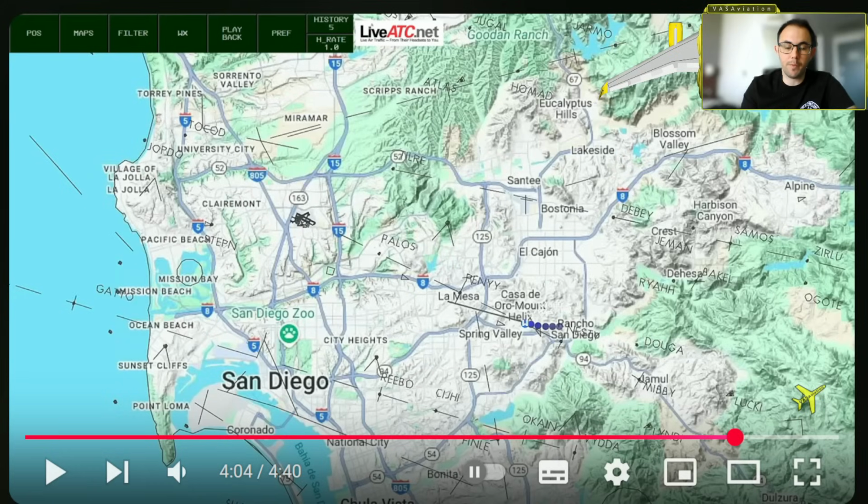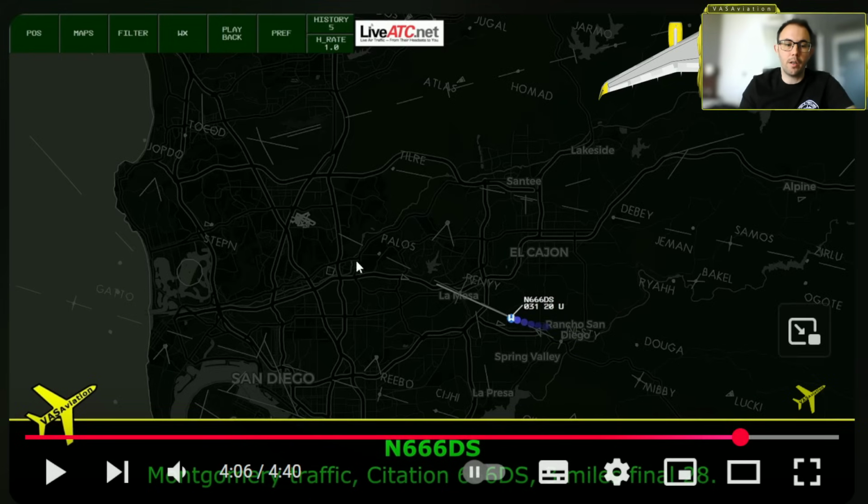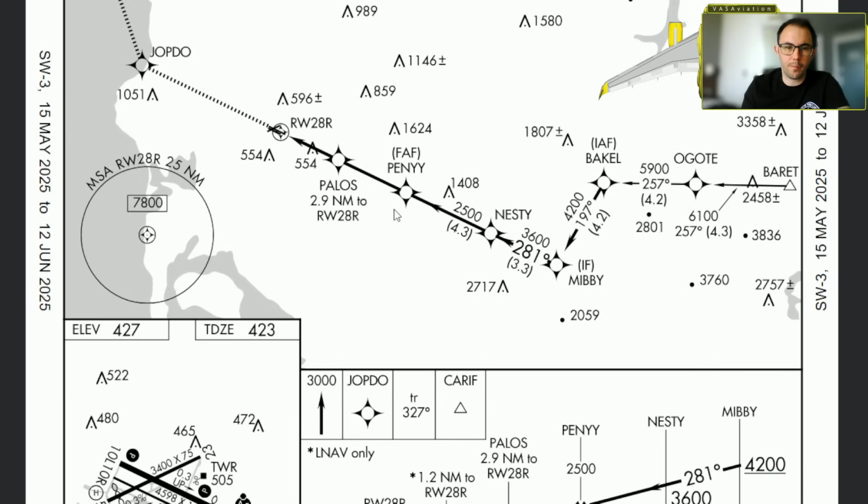Okay, one important thing here. This callout of 3 miles is not in synchronization with the radar scope. If we go back to the approach plate, 3 miles final for the RNAV 28 would be around Palos.